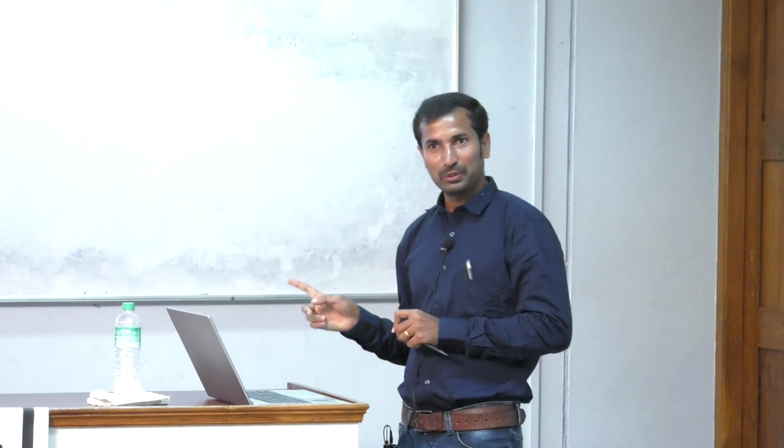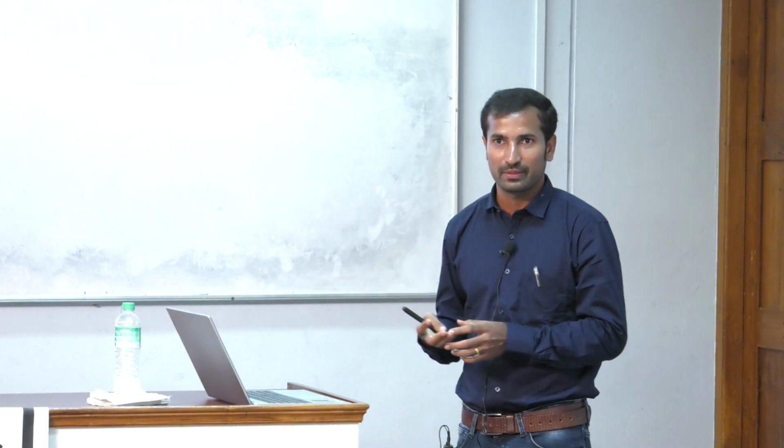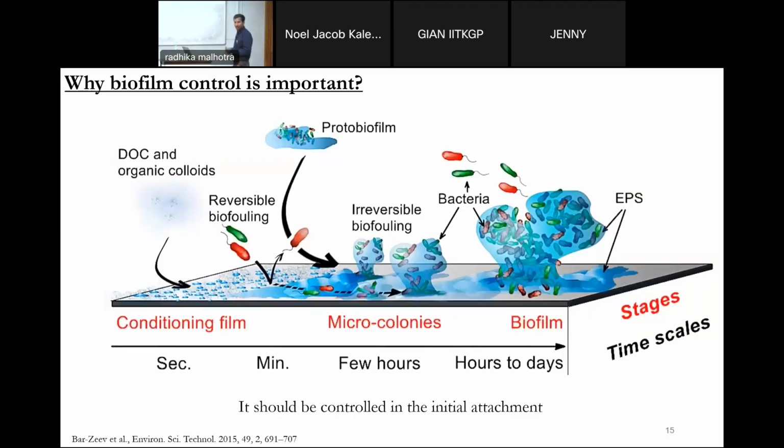Since I talked about biofouling control, I would like to highlight how it happens. Look at this beautiful image. One of my colleagues made this and published it in a review article. Look at this time scale: seconds, minutes, a few hours, and hours to days. This is the schematic of the membrane surface.